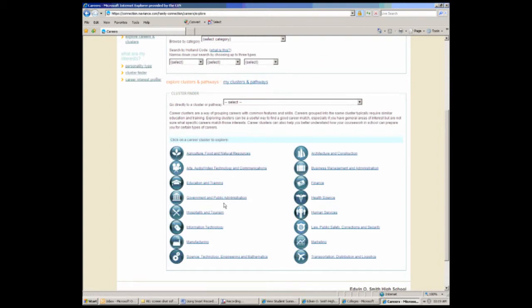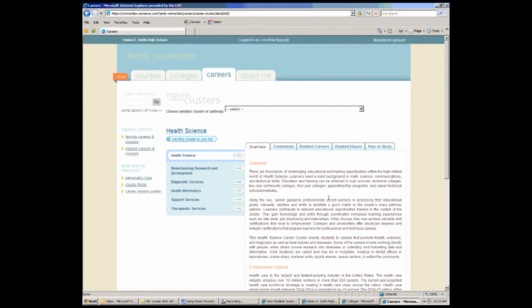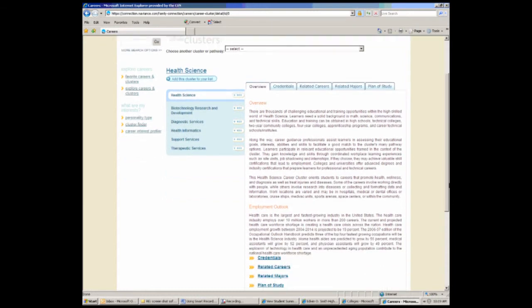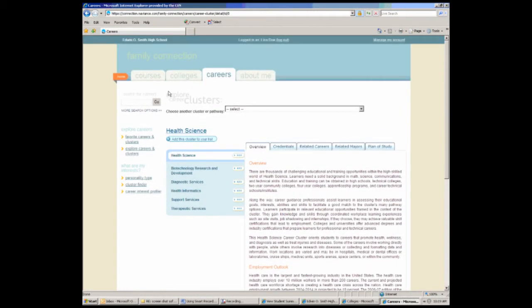You can even do research on other clusters as well. You'll see an overview of health science, the employment outlook as well.